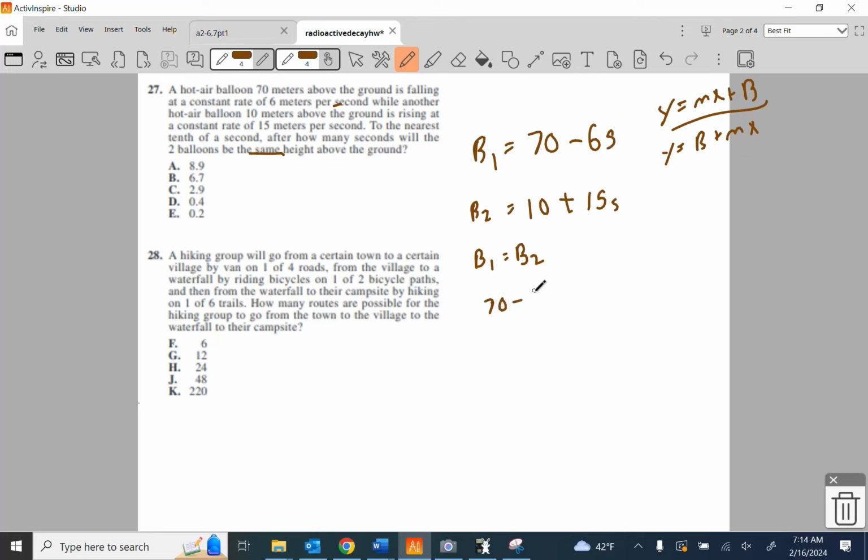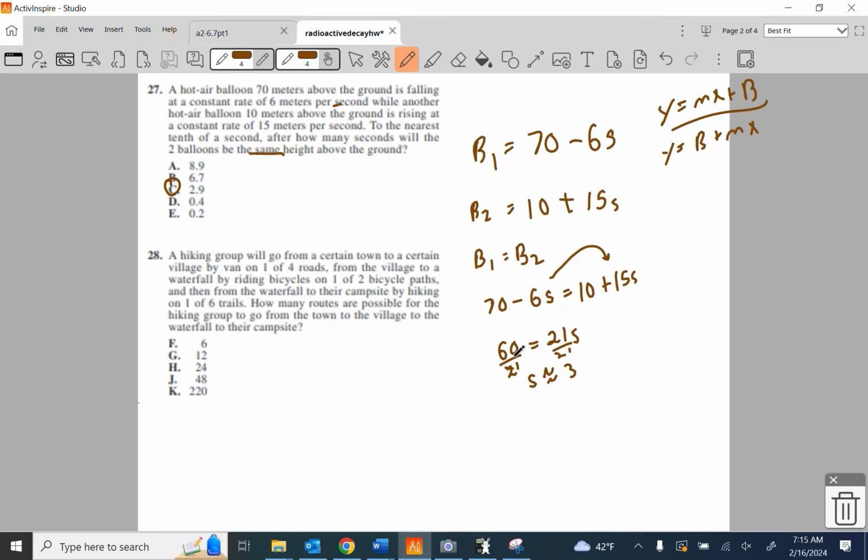So 70 minus 6s must equal 10 plus 15s. And 70 minus 10 is 60. There's a reason I'm shifting numbers left. And then 15 plus 6 is 21s. And that is an S value that's really close to 3, isn't it? Because you divide by 21. It's really close to 3, so 2.9.